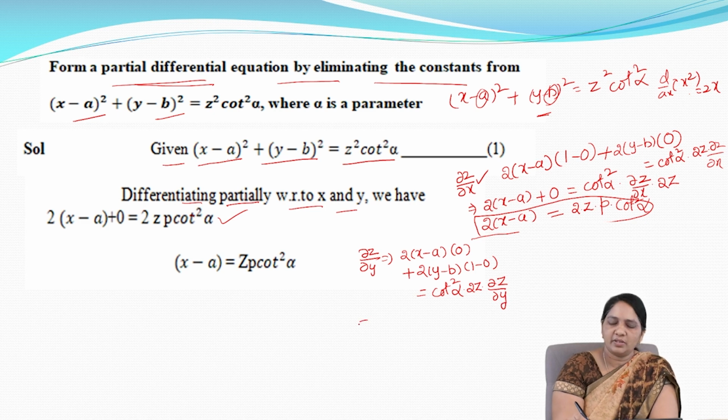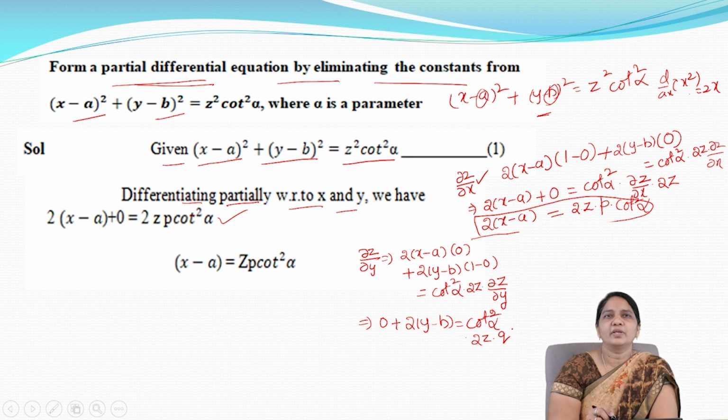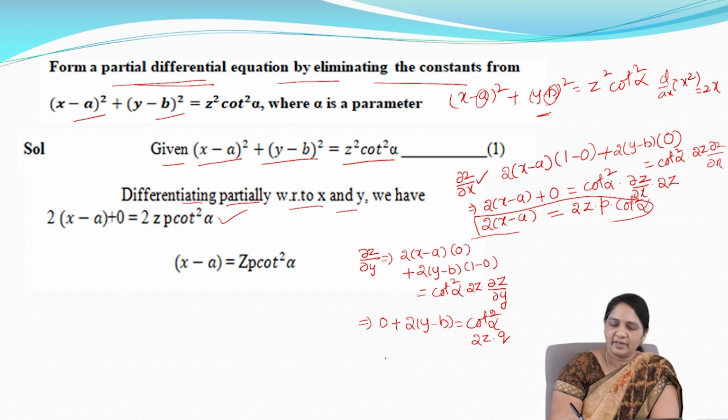So the first term is 0 plus 2 into y minus b equal to cot square alpha into 2z into dou z by dou y, which is q. Taking 2 common, 2 into y minus b equal to 2 into z into q into cot square alpha.